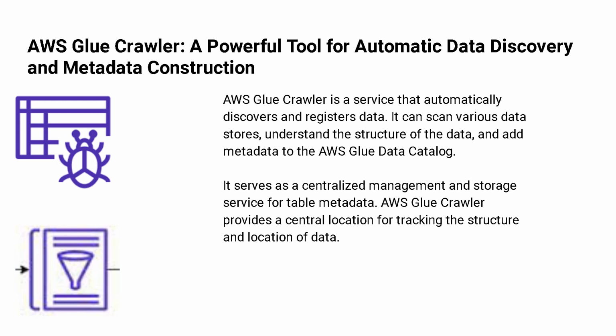The crawler will scan through all this data, understand the structure of it, and then add all this metadata into another component called Glue Data Catalog. So it can serve as a centralized management and storage service for table metadata. It can track the structures and also the location of data.